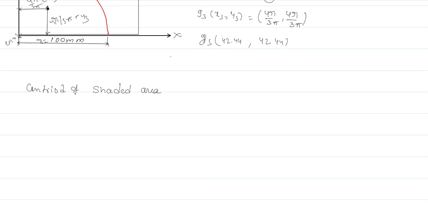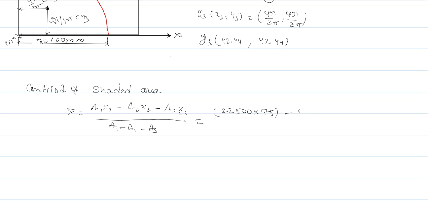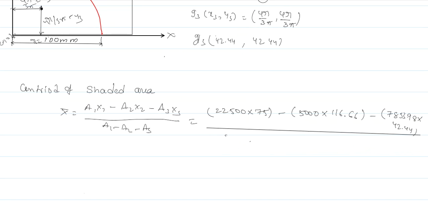We need to find the centroid of the shaded area, that is x bar, where x bar is equal to A1 x1 minus A2 x2 minus A3 x3, whole divided by A1 minus A2 minus A3, where A1 is nothing but 22500 into 75 minus A2 is nothing but 5000 into 116.66 minus 7853.98 into 42.44, whole divided by 22500, that is A1, 5000 that is A2, 7853.98 that is A3.